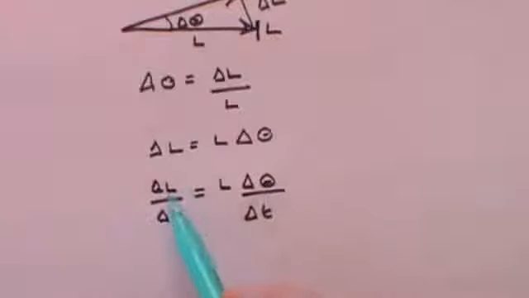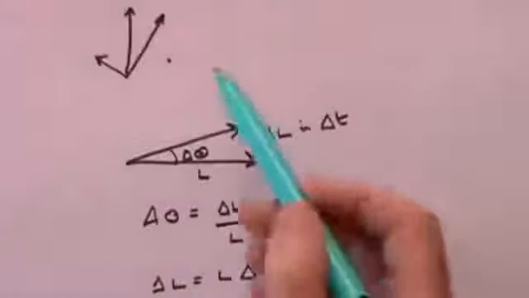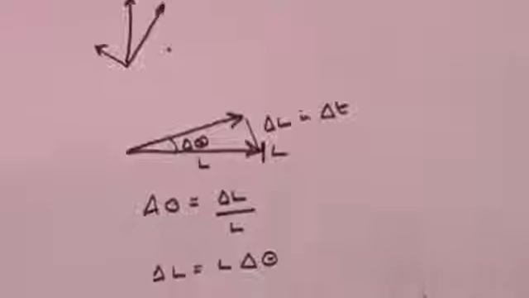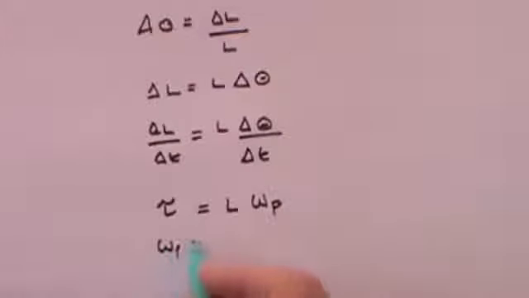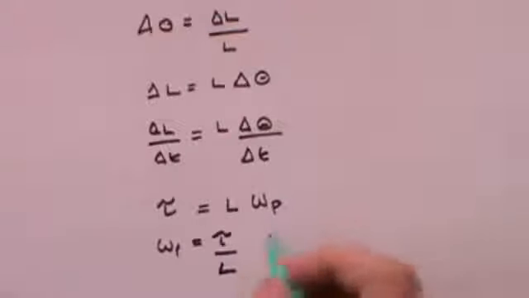Well, the rate of change of angular momentum with time is simply the torque. The rate of change of angle with time is the angular velocity. And that is the velocity of precession, the velocity with which the gyroscope travels around the point, the angular velocity. And that means that omega p is equal to tau divided by L. Tau is the torque, which is force times distance.